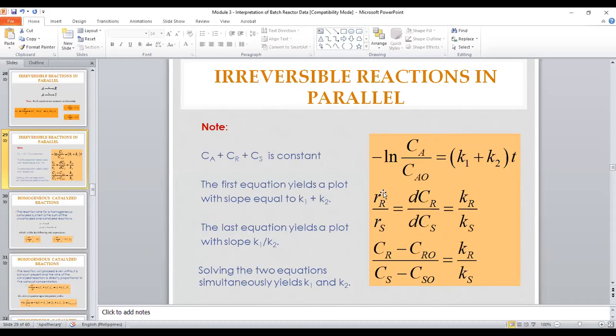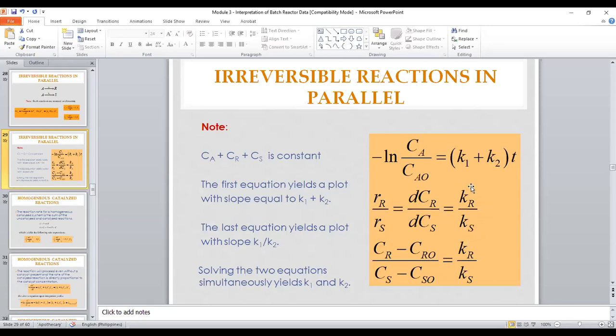Now you have the ratio of the rates of formation of R and S, which is also equal to the rate constants in terms of R and S. So this is the one that is being referred to here, that the last equation yields a plot with slope K sub 1 over K sub 2. The slope that is being referred to here is this one.